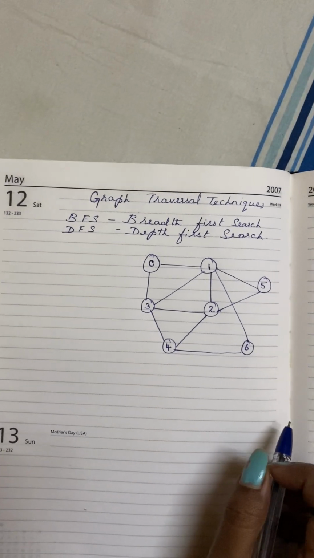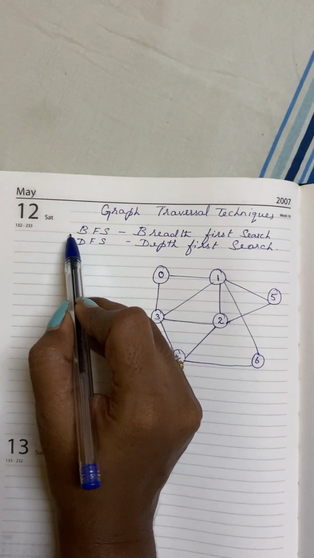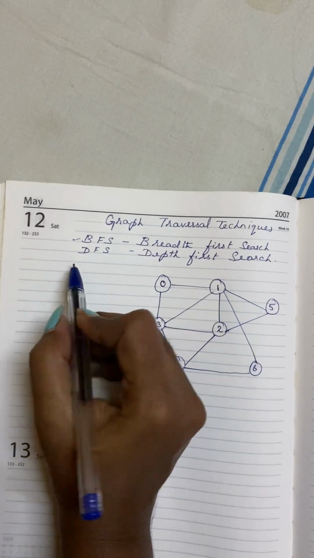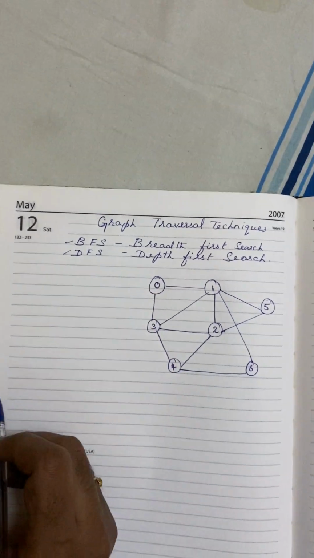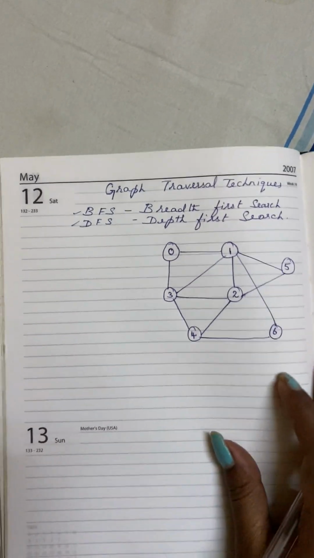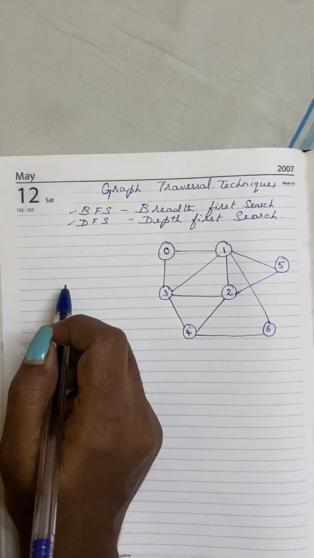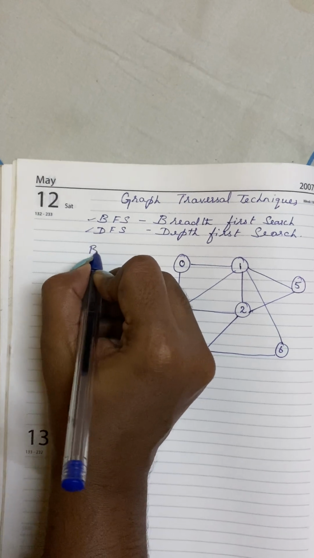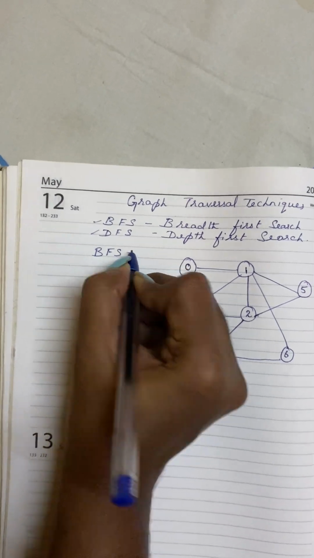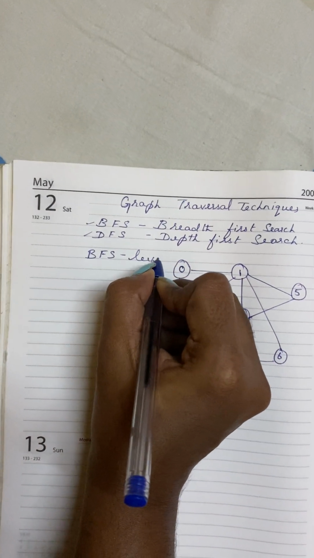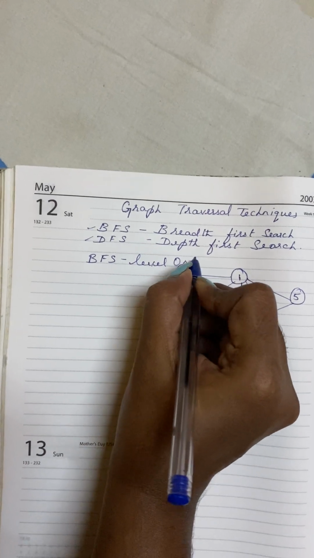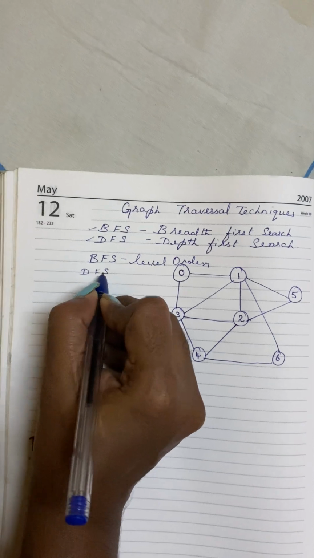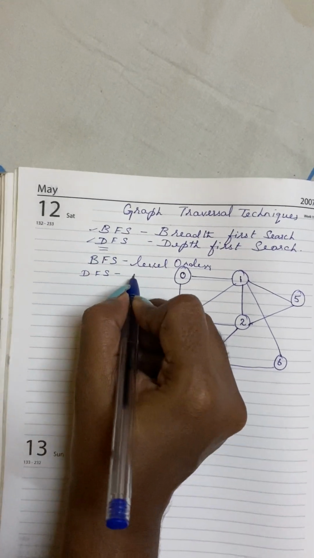One is breadth first search, which you call BFS, and the next is depth first search, which is otherwise known as DFS. BFS is a level order search, and DFS is going to be the depth.